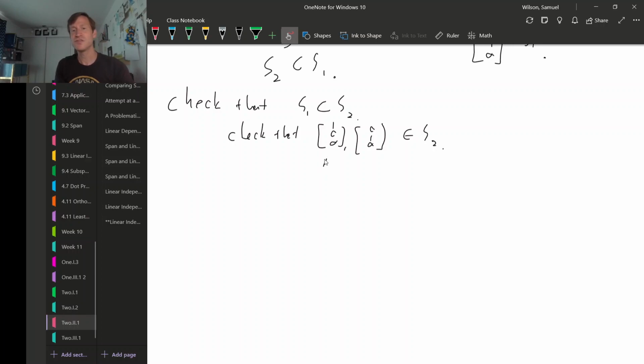If each of these is in S2, then the span of these two is also contained in S2. So how can we check if these two are in S2? Well, we have seen how to do that. We just need to figure out if we can express each of these vectors as a linear combination of the spanning set for S2.